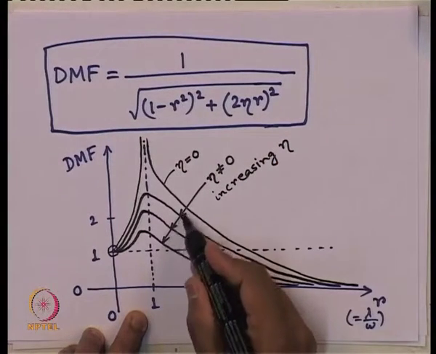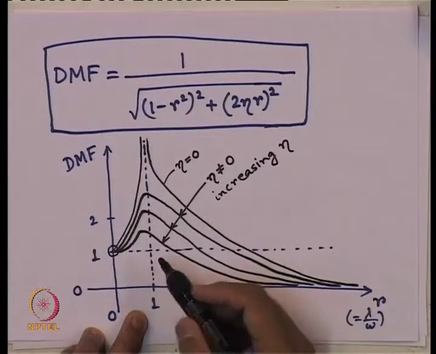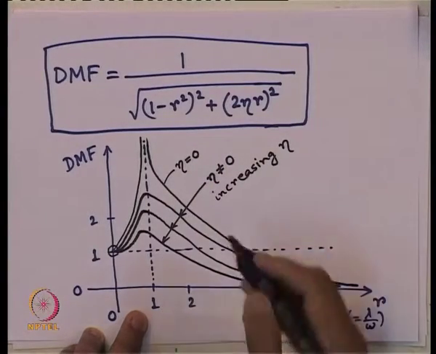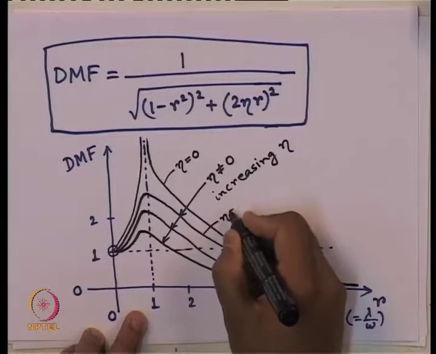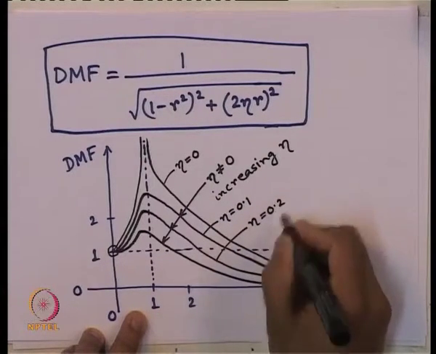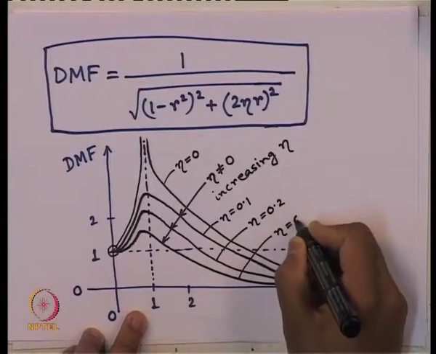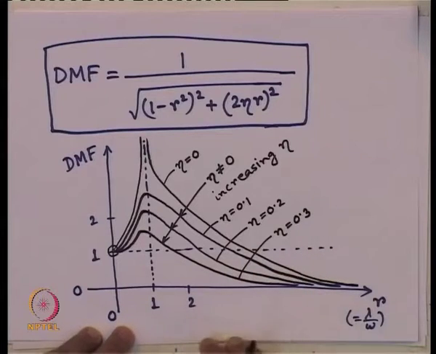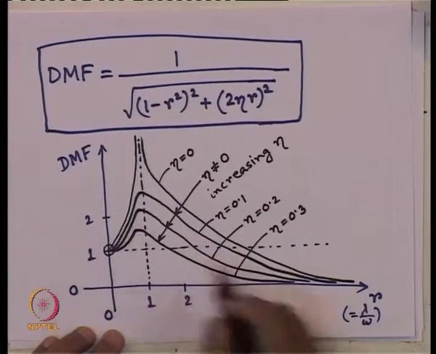So, these three arrows which I have shown here show the increasing values of eta. Say for example, this is for eta equals 0.1, this is for eta equals 0.2, this is for eta equals 0.3, like that. Just typical examples I am giving, the exact figure may be different, but the trend will remain the same.